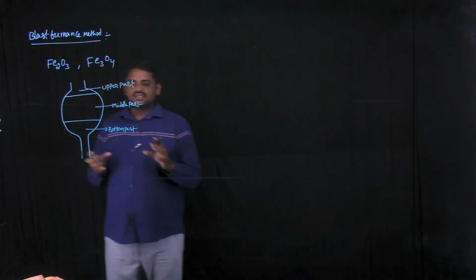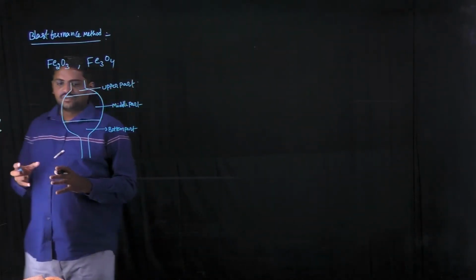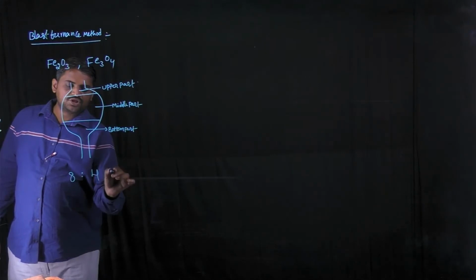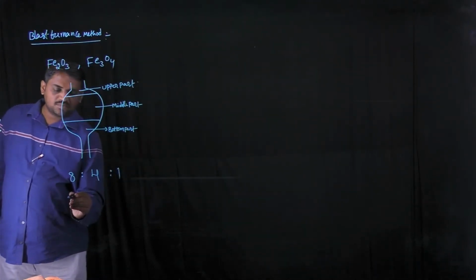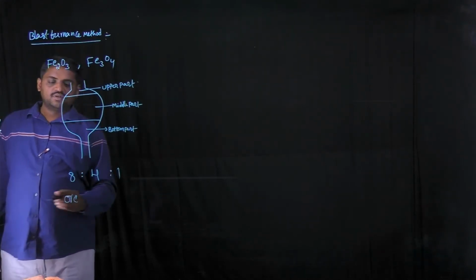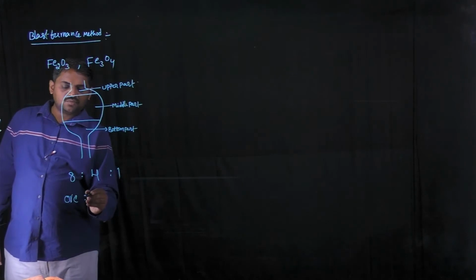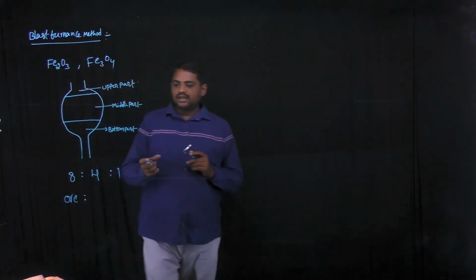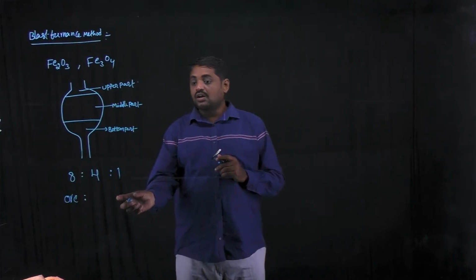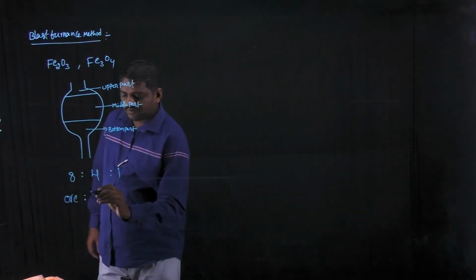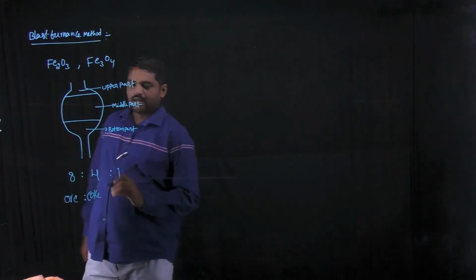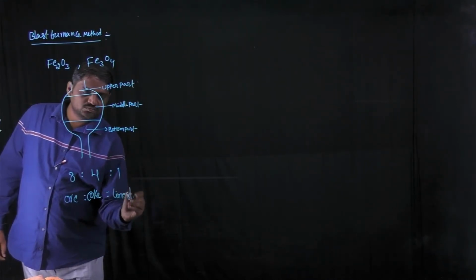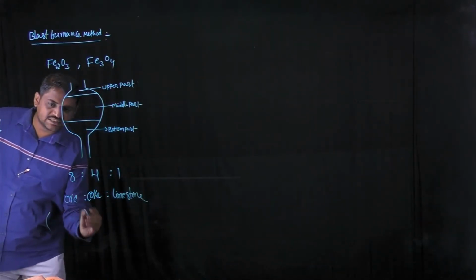In this method, first, the mixture ratio is 8:4:1, meaning 8 moles of ore, 4 moles of coke, and 1 mole of calcium carbonate, which is limestone.